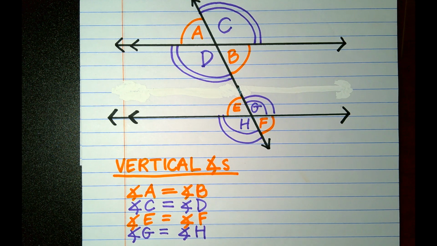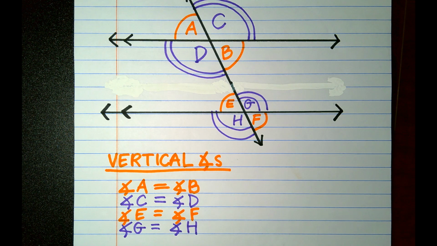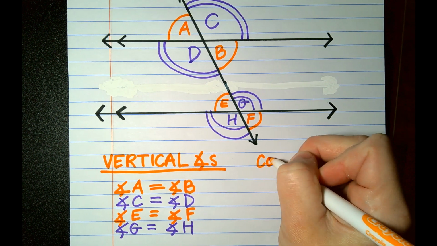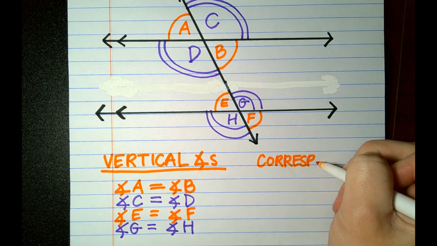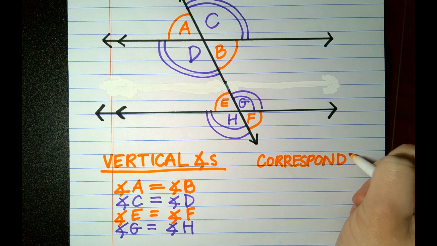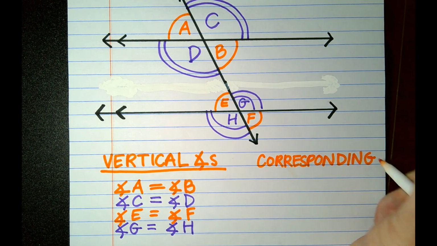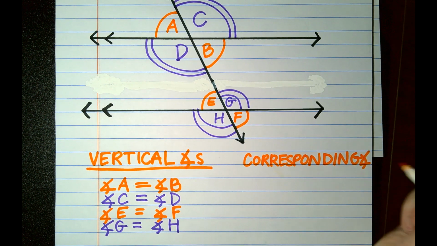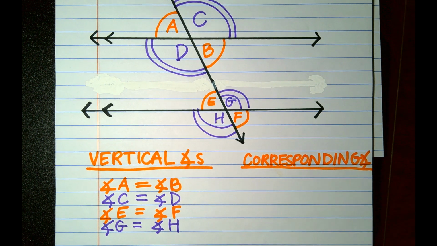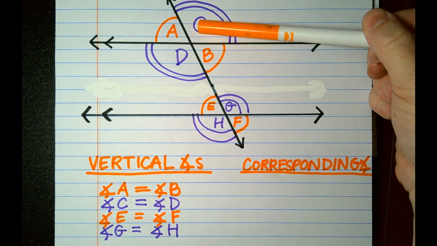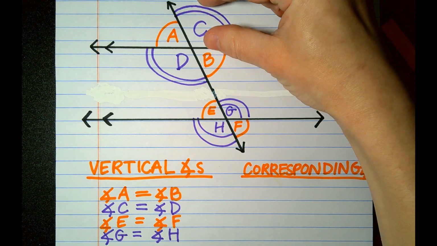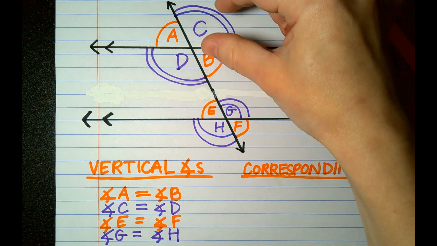So that's another relationship we're going to talk about. Let me write that down next. Corresponding angles. These are the ones that are in the same position, but on the other parallel line.